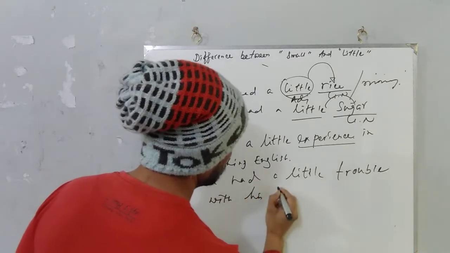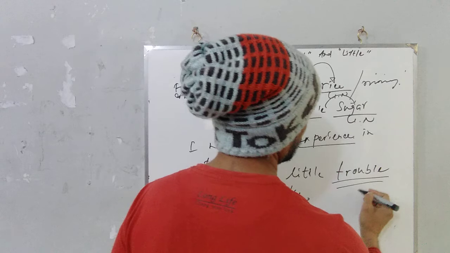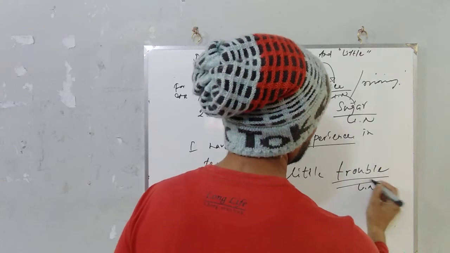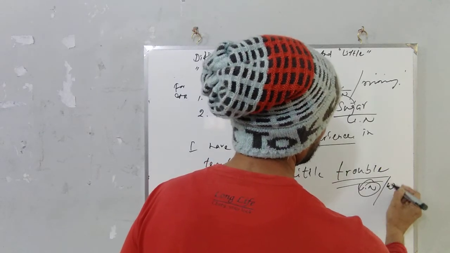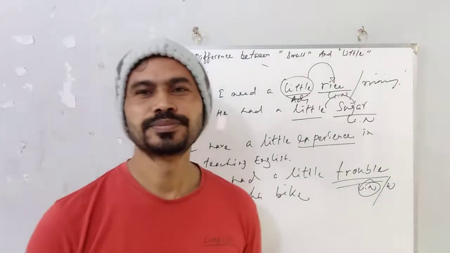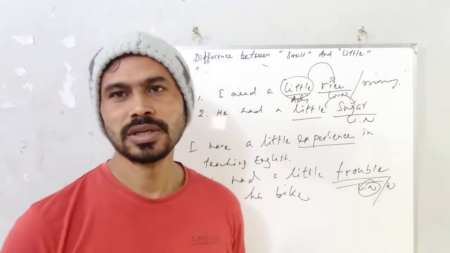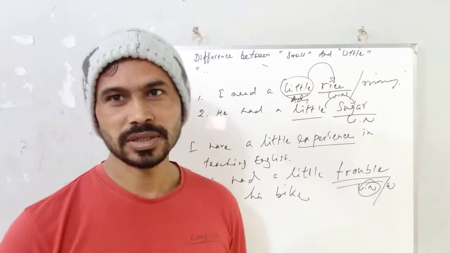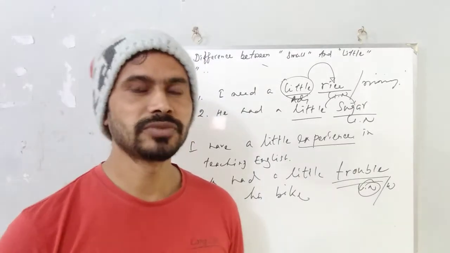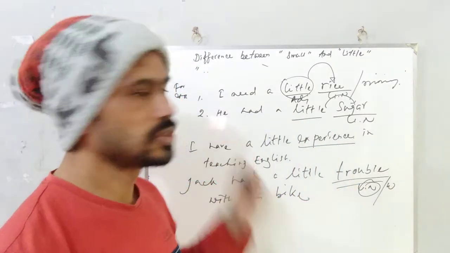This is uncountable, and we can say that it is one kind of imaginable word. You cannot touch it, you cannot count it. That's why I have already told you, regarding a kind of emotions, little is used.